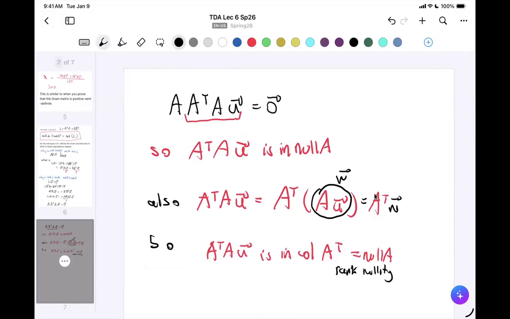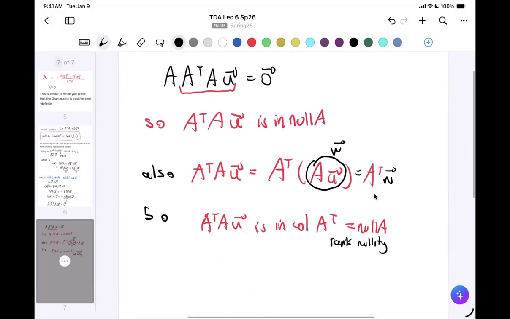Okay. And so that means that A transpose... Where am I? So here I think I'm going in circles.